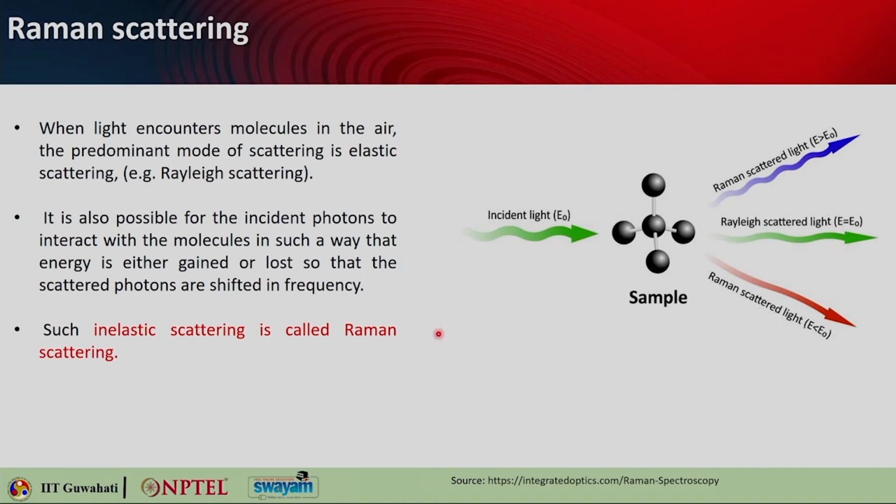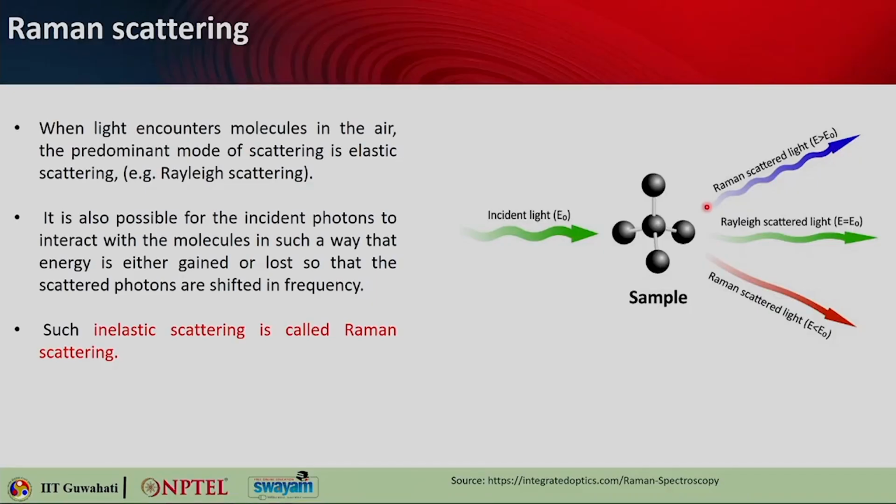However, it is also possible for the incident photon to interact with the molecule in such a way that energy is either gained or lost in this process, so that the scattered photons have some shift in their frequency. They may have a higher energy, so they get blue shifted, since blue has higher energy or lower wavelength, or they have lower energy than the incident photon, which means they get red shifted in wavelength.